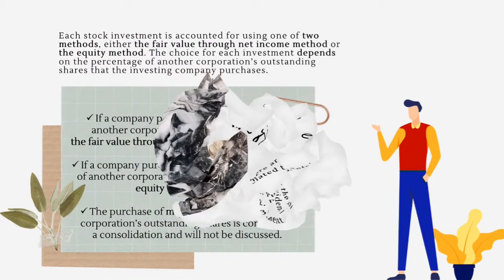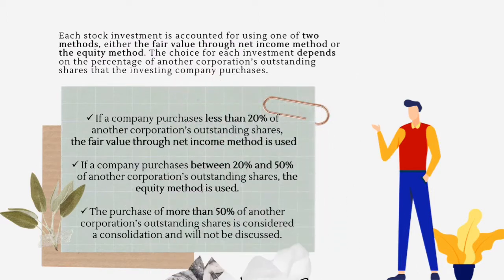Each stock investment is accounted for using one of 2 methods, either the fair value through net income method or the equity method. The choice for each investment depends on the percentage of another corporation's outstanding shares that the investing company purchased. If a company purchased less than 20% of another corporation's outstanding shares, the fair value through net income method is used.